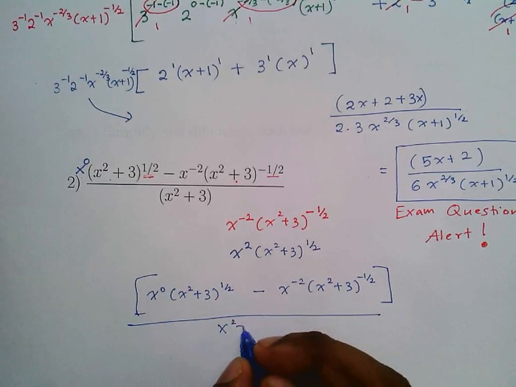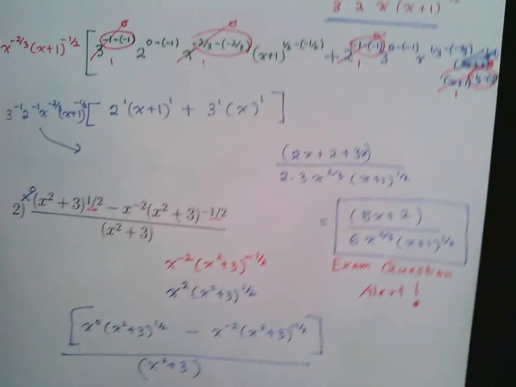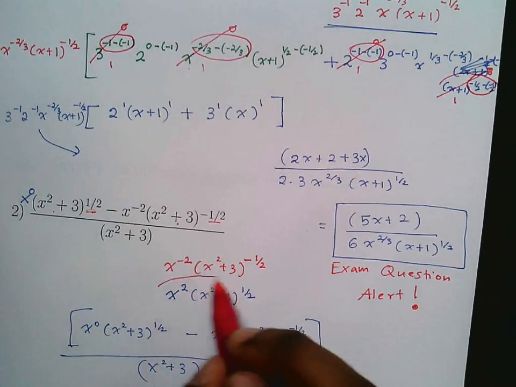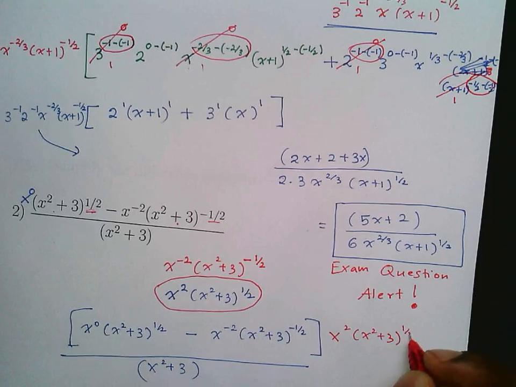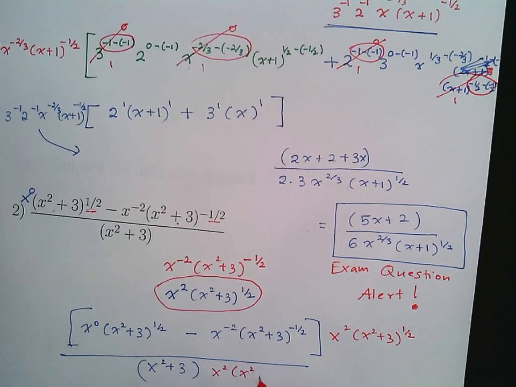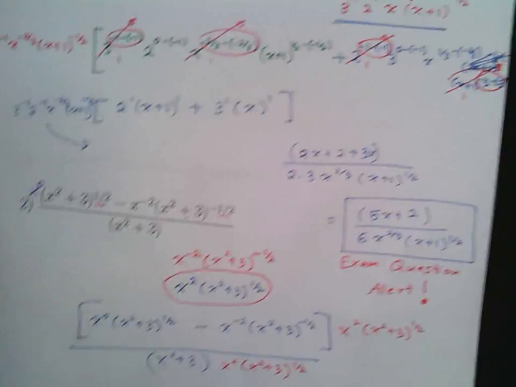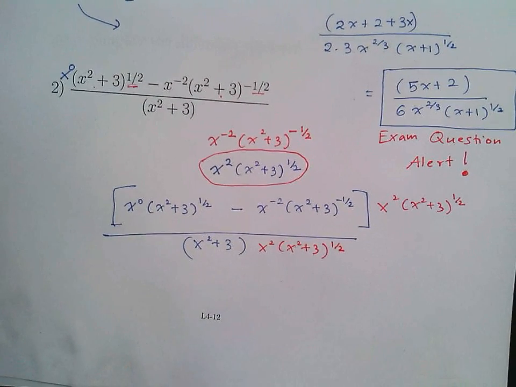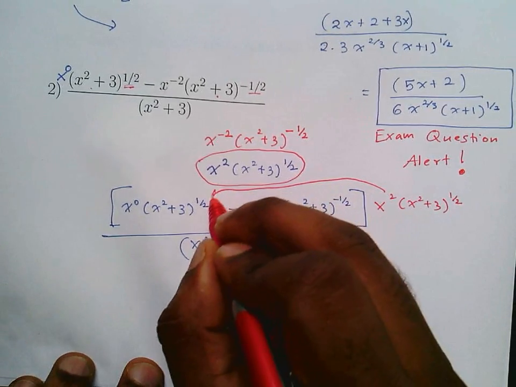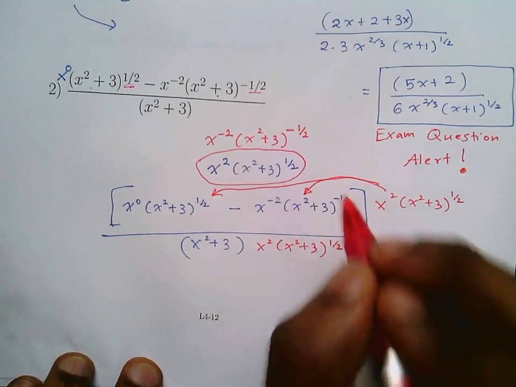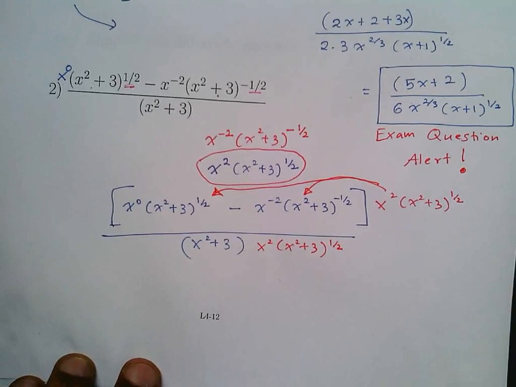And this is what you already have. Okay, and multiply the numerator and the denominator by this quantity right here, x squared plus 3 to the power plus 1/2, and x squared plus 3 to the 1/2. So I made the negative exponent positive and multiplied the top and the bottom. The reason is once you multiply it, once you distribute it, you will see the negative fractions gone.